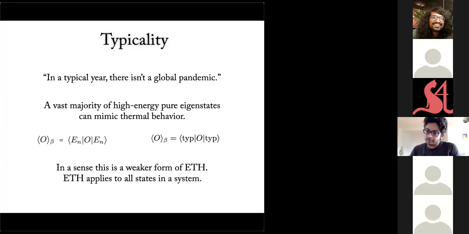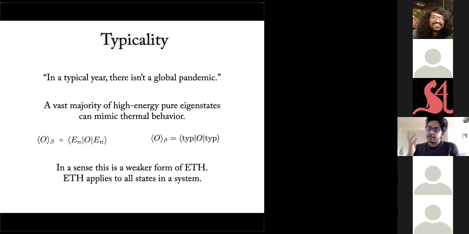I see. And how is that different from these many body localized states? Yeah, so this was a question asked by Akhil. You don't think of many body localized states, but you usually think of a many body localized system or a many body localized phase.